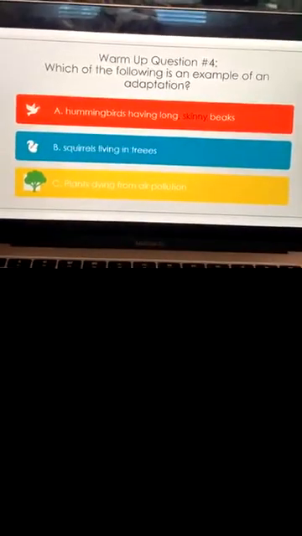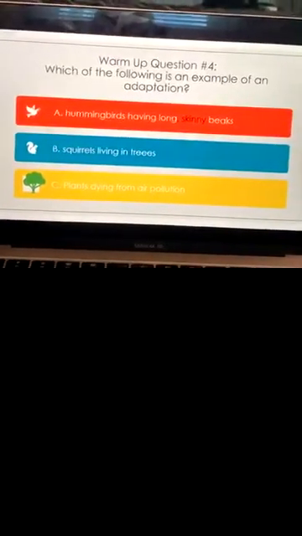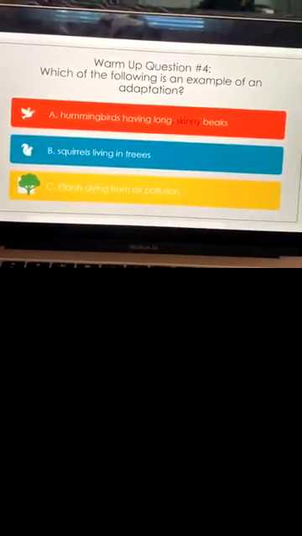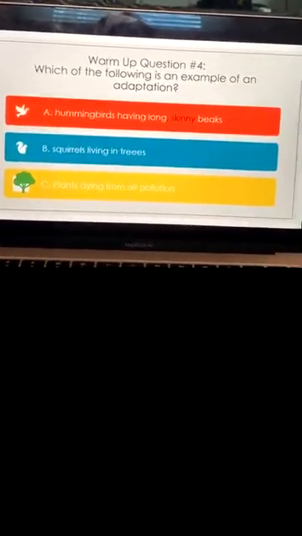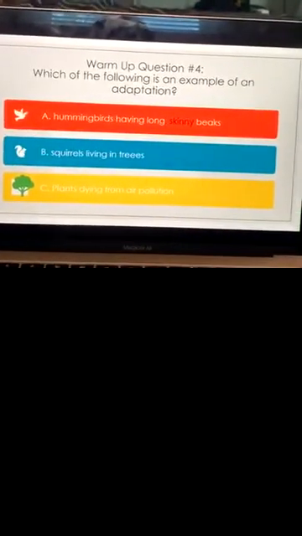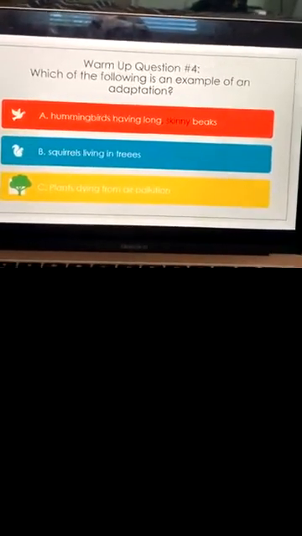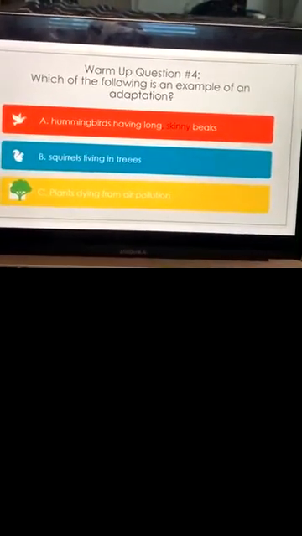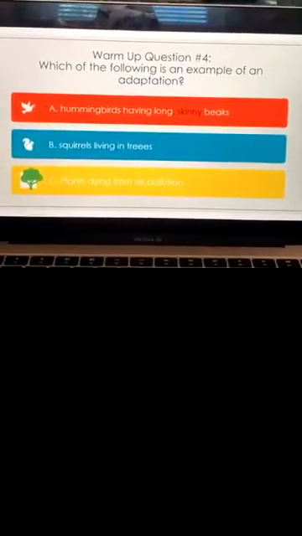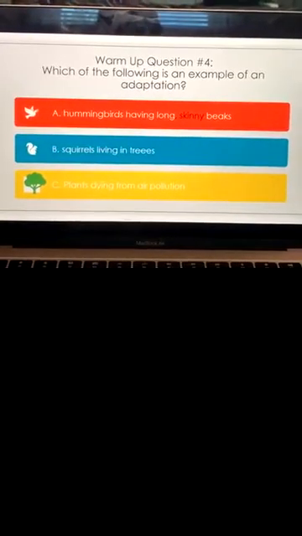You said C, plants dying from air pollution. So think back. An adaptation is something, like a trait or a gene, that helps that organism survive in their environment. So if plants are dying, then we wouldn't want to say it's C. What else might you think it is?